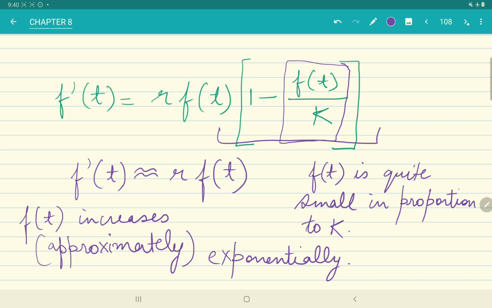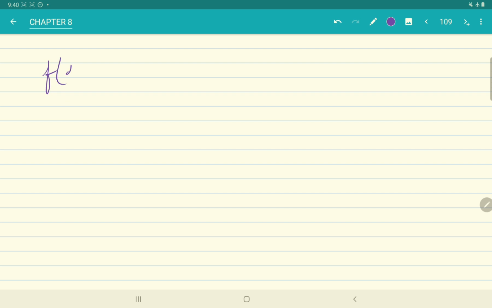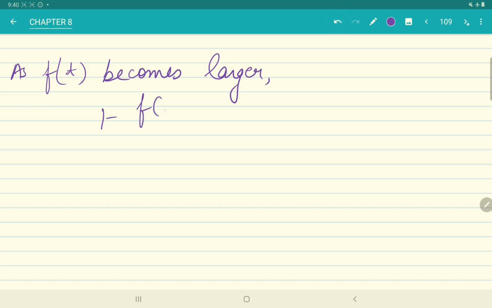So in this case, we can say that as f(t) becomes larger, this factor 1 minus f(t)/k assumes significance.